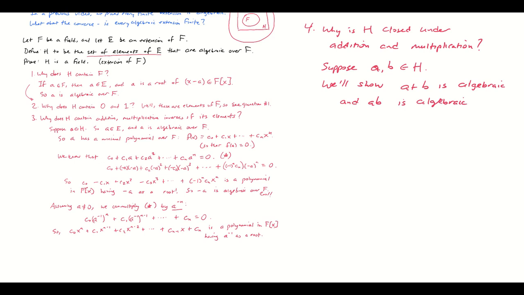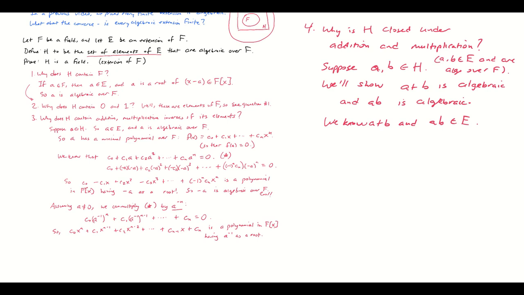And that's what we need to show, because we already know that a and b belong to E and are algebraic over F. And because E is an extension field, we already know that a plus b and a times b already both belong to E. All right, so that part's known. We don't have to fret about that part, but we do need to show these are both algebraic.